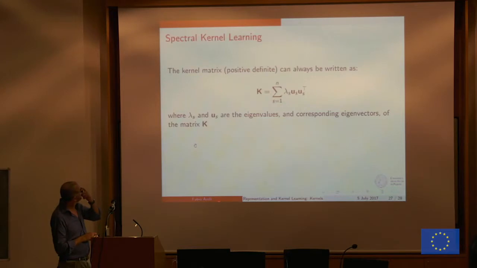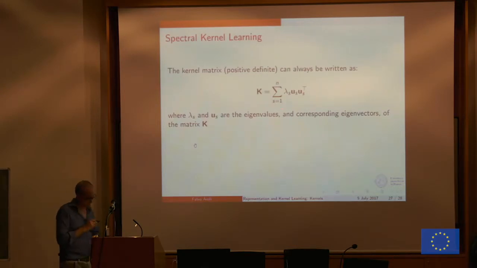Another kind of approach is spectral kernel learning. There is a property of positive definite matrices that says that a positive definite matrix K can always be seen as a combination of rank 1 matrices obtained using the eigenvectors and weighted by the eigenvalues lambda. So basically you can reconstruct your matrix K using the eigenvectors of K and the eigenvalues.